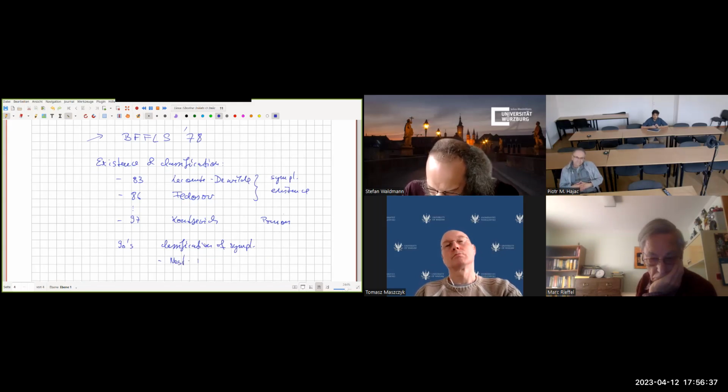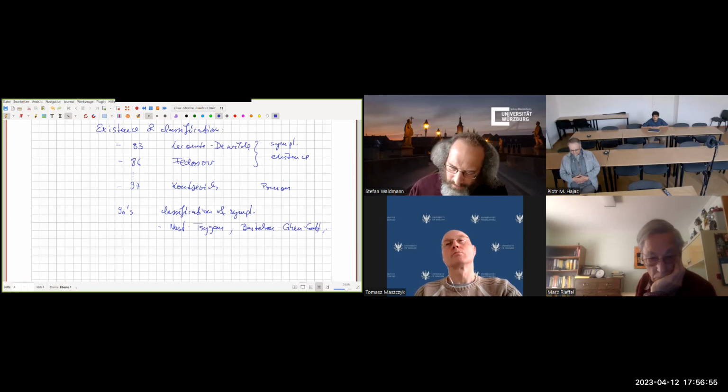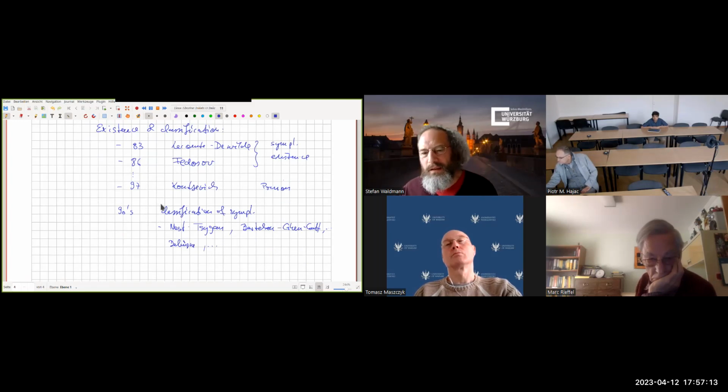So Richard and Boris Fedosov and Melanie Bertelson, Michel Cahen and Simone Gutt. And there were a lot of groups doing this classification in one way or the other. Deligne was involved, and so there are several approaches to what we now call the characteristic class of a symplectic star product, which is a specific way to construct a cohomology class in the second de Rham cohomology, formal power series. Okay, so let me just stop here.